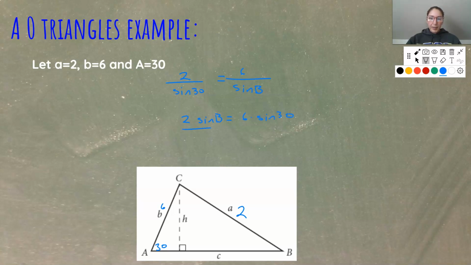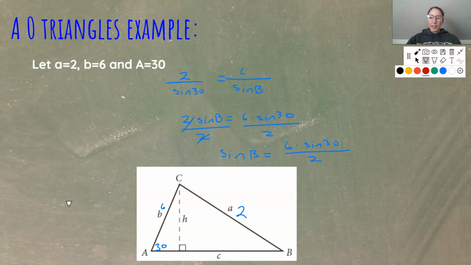Divide both sides by 2, and we get sine of B is equal to 6 times sine of 30 over 2.